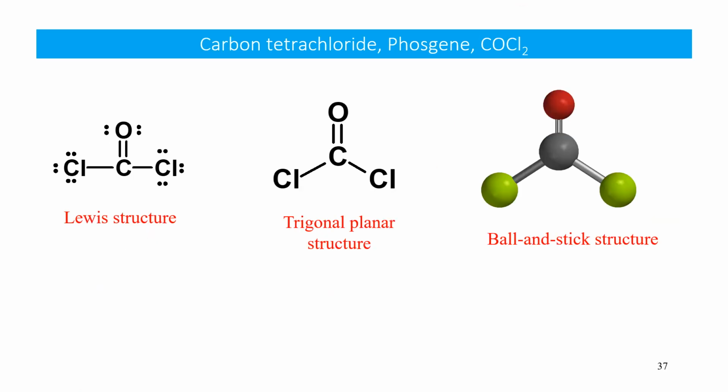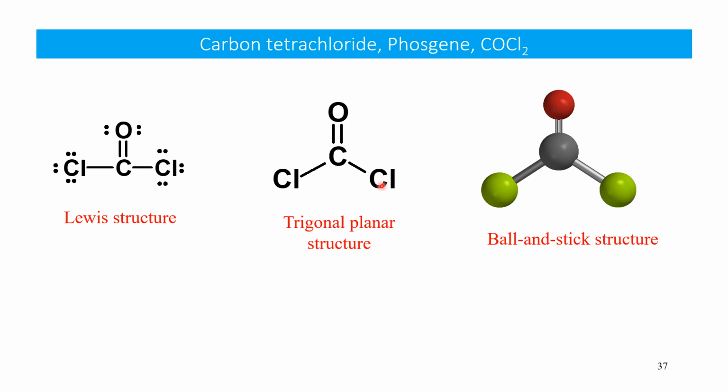In contrast, phosgene, note, we've got a carbon double bond O, a carbon-chlorine, and a carbon-chlorine in the Lewis structure. But we've got 3 blocks of electrons. And so when they repel each other, they point towards a trigonal planar arrangement.